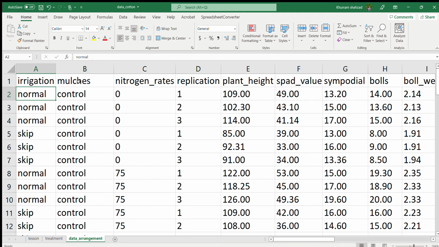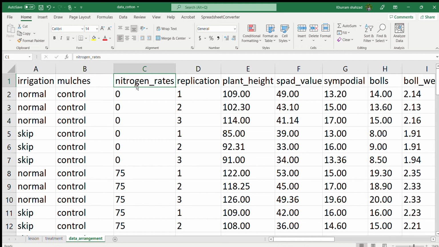And the other thing I said is that no space should be in the names of parameters or in your statement. So I write nitrogen underscore rates. If you write nitrogen rates and give a space between them, R may not understand whether it is a single space or a double space, so the chances of error become maximum if you give them a space.